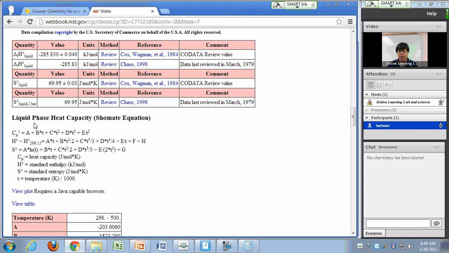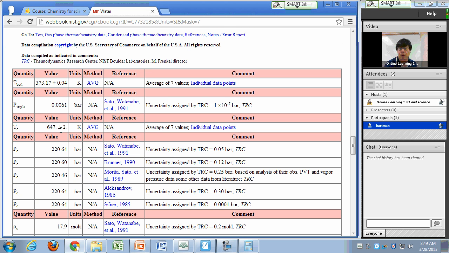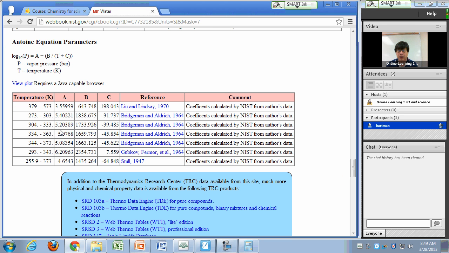Here you have the boiling point of water, 373 Kelvin. And if you look for what's called the Antoine equation parameters, that tells you how the vapor pressure depends on temperature. From 379 to 573 Kelvin, you can calculate it using this equation.